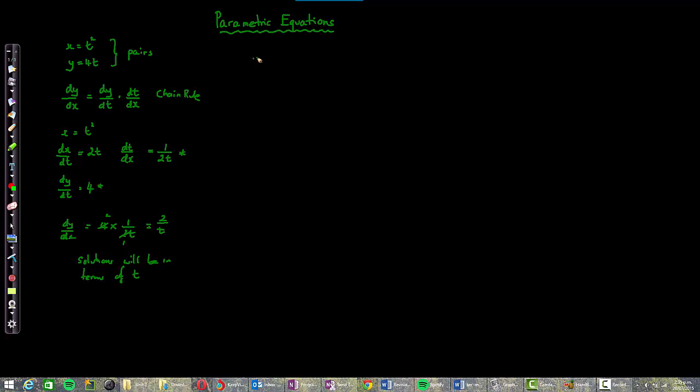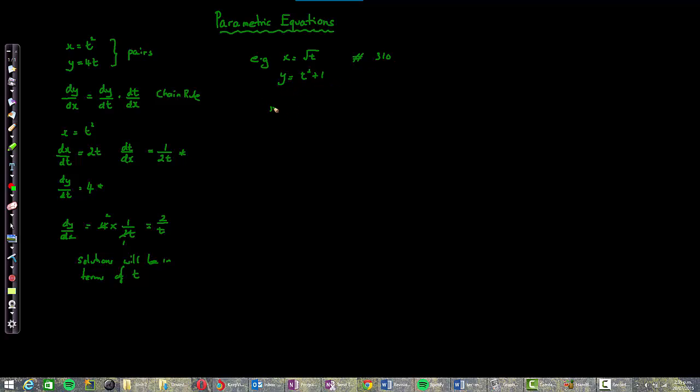Okay, let's have a look at maybe a second example. Let's take x is equal to the square root of t, and y is equal to t squared plus 1. So this is number 310 from your workbook.